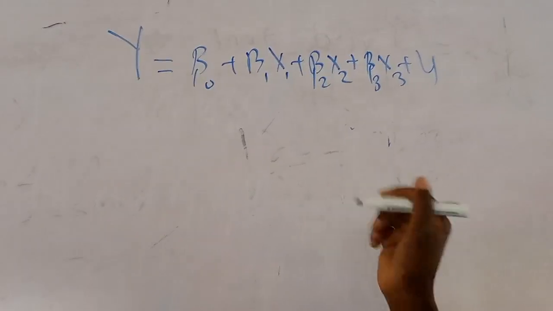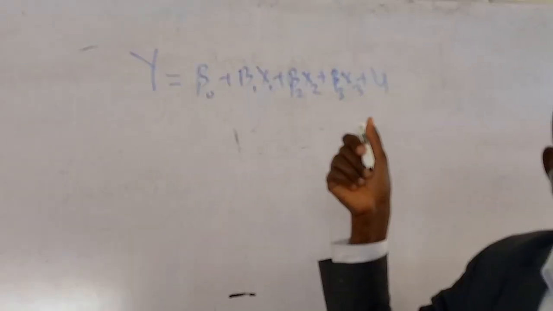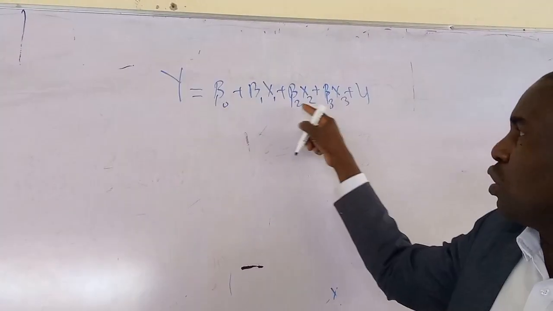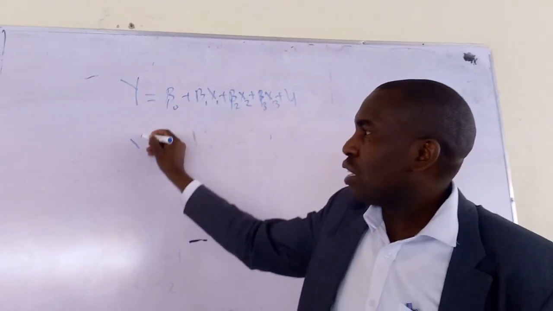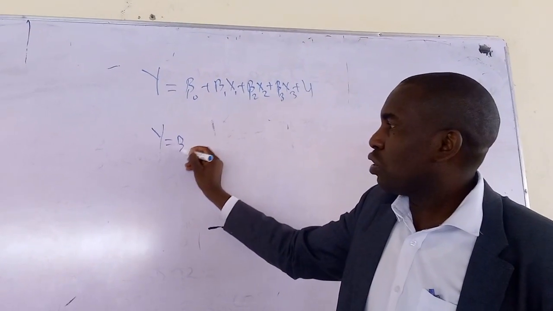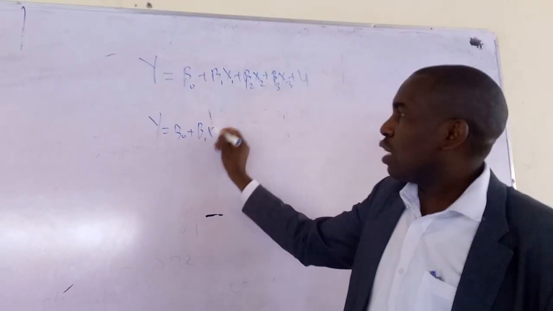But in your feeling, you think that X3 should not be there. So what you need to do is start with something like stepwise regression. You start by carrying out beta naught plus beta 1 x1.